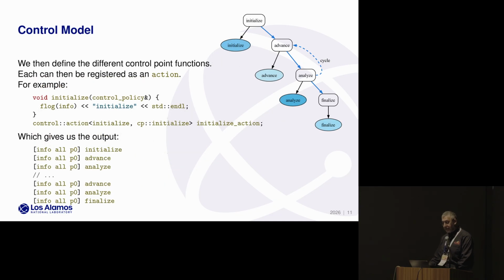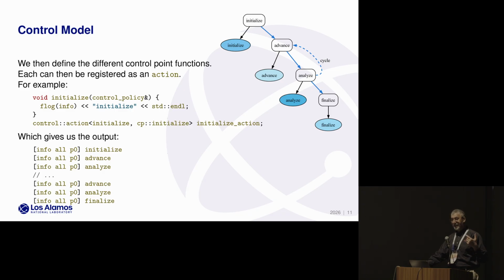So if we declare an action on this, let's say the initialize control point will have an initialize action. And in this example, it's just going to do an flog output of the string initialize. The way that the action gets associated with the control point is in this next line, where we say we have a control action.